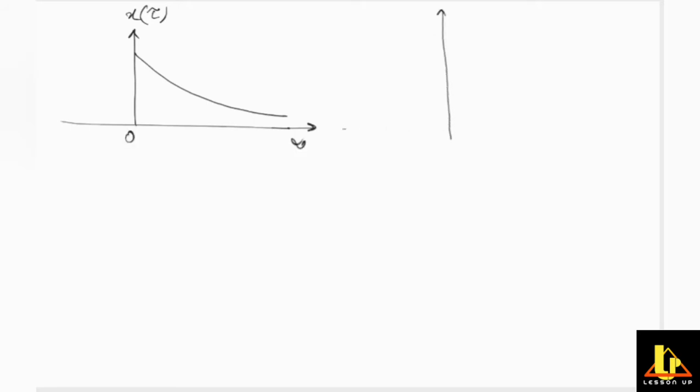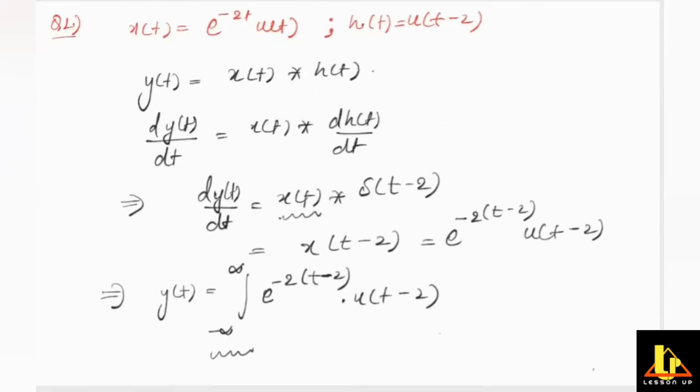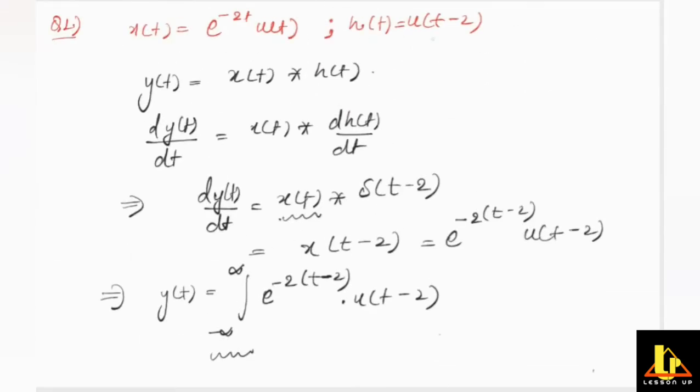Now how we plot x of tau, that will be like this. And h of tau, so h of t is u of t minus 2. So we plot u of t minus 2 like this, right, from 2.